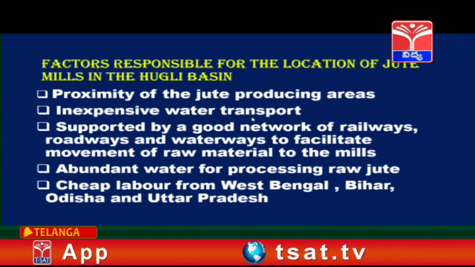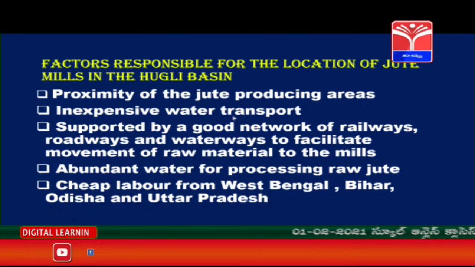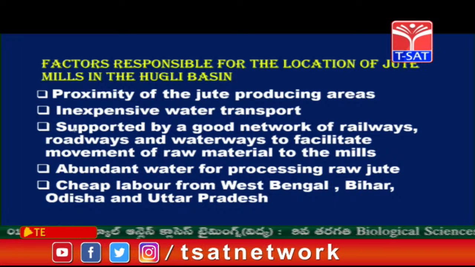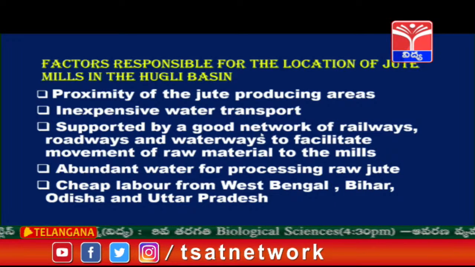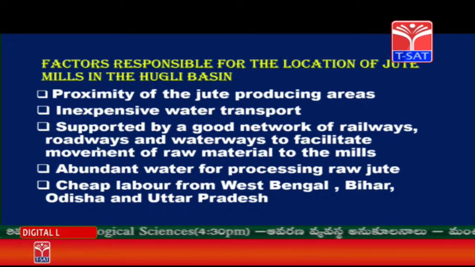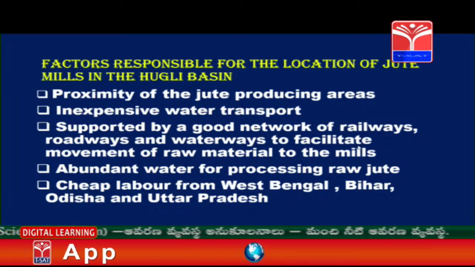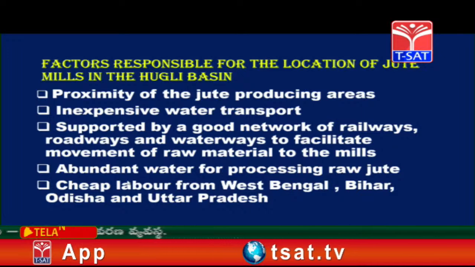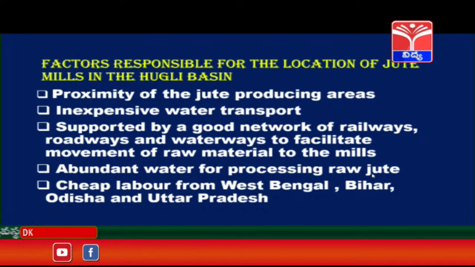Inexpensive water transport. As they are near Hooghly Basin or river basin, there is no need of spending amount on the water transportation, and it is supported by a good network of railways, roadways and waterways to facilitate movement of raw material to the mills. Abundant water for processing raw jute.